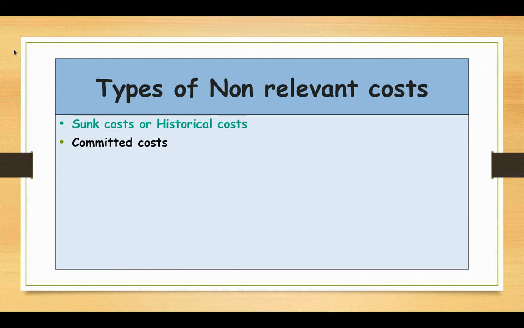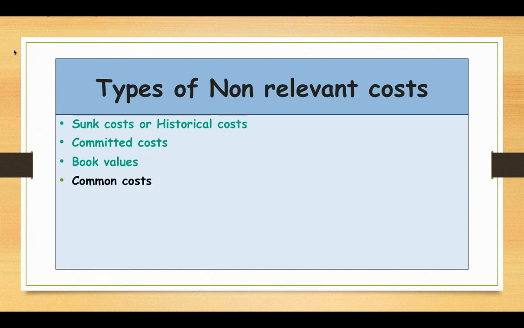The company is going to pay these installments in the future, but this has already been committed, so they're not relevant. The next one is common cost, like factory rent. The company is not going to incur any extra factory rental cost. So that is called common cost, and that is also not relevant.